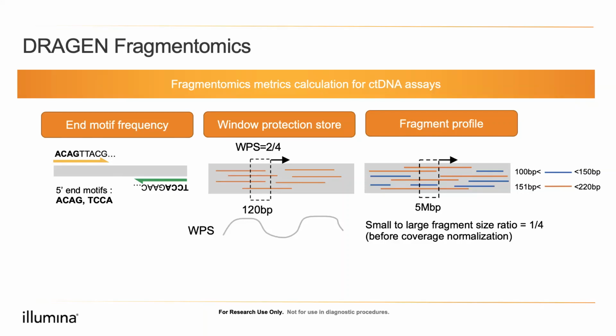Next, we have the window protection score, which is defined for each of a user-provided list of regions. You count the fragments that fully span the region and that end within the region, and then take the difference of the two. Finally, there's a genome-wide fragmentation profile, which is the ratio of short to long fragments in 5 megabase continuous bins of the genome. And so taken together, these parameters can help correlate differences between cell type of origin, cancer type, et cetera.